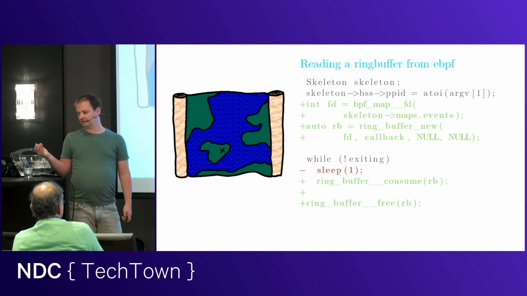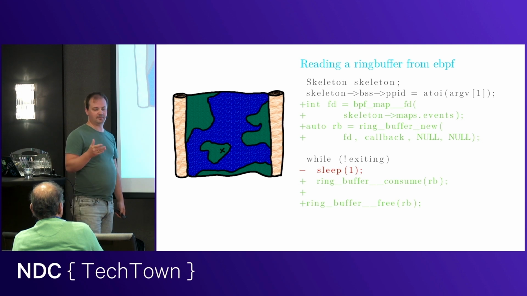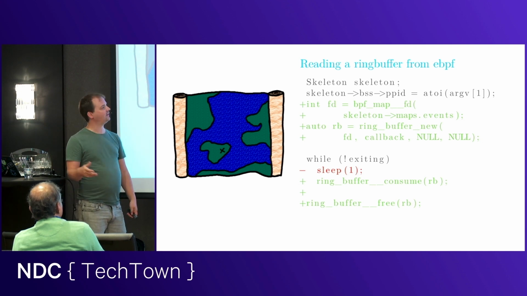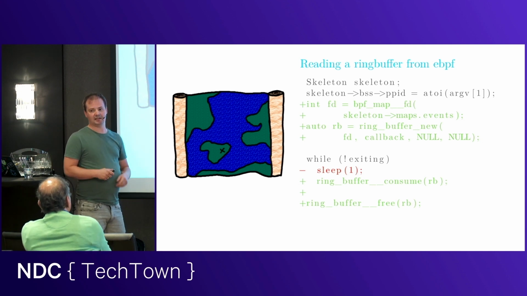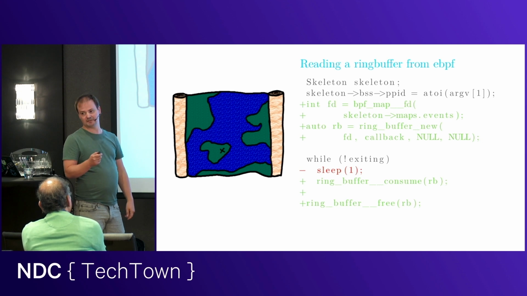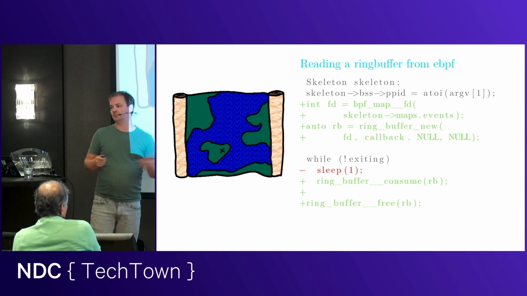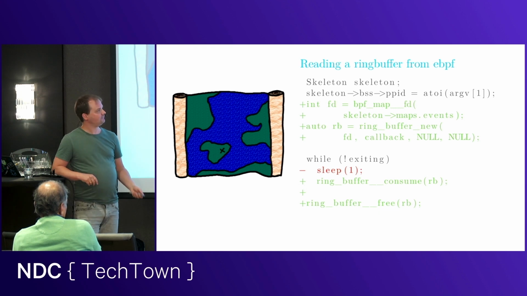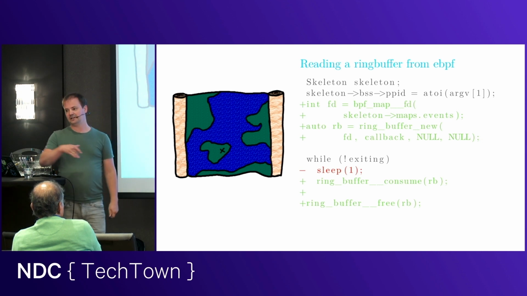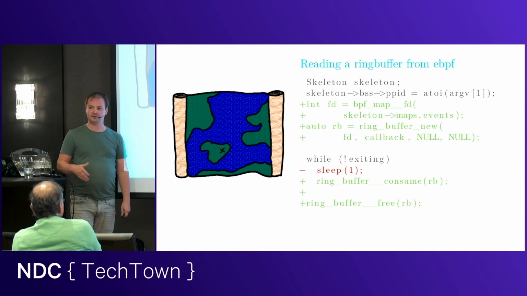While adding it like this, the BPF skeleton generation will create an entry, which is maps.events. And you can use libbpf to get a file descriptor to that map. And then you can create a new ring buffer, and you can add a callback to it. Now this callback will be called whenever something new is on the ring buffer.